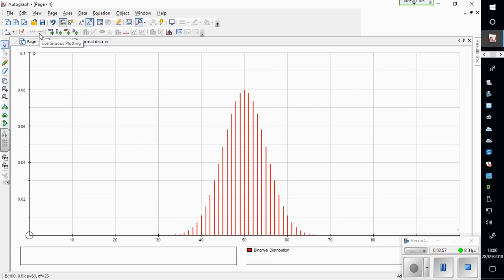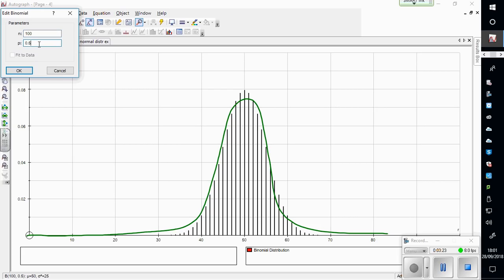So what if n was 100? Well, you can see that this looks very good. We've still got our normal distribution curve shape. And p here is 0.5, so it's looking very symmetrical. It looks nice, but again, the relative gap between each number is still kind of big in the grand scheme of things.